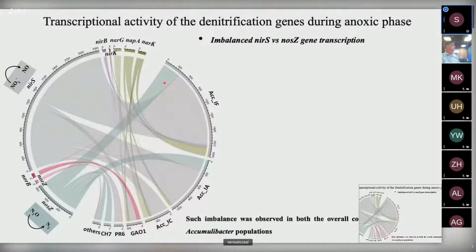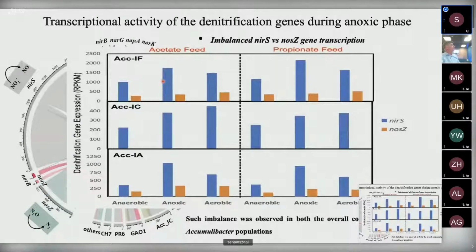This pattern may be more obvious in this bar plot, and in one of the Acinetobacter populations of clade 1C, there is even no observable transcription of the nosZ gene.